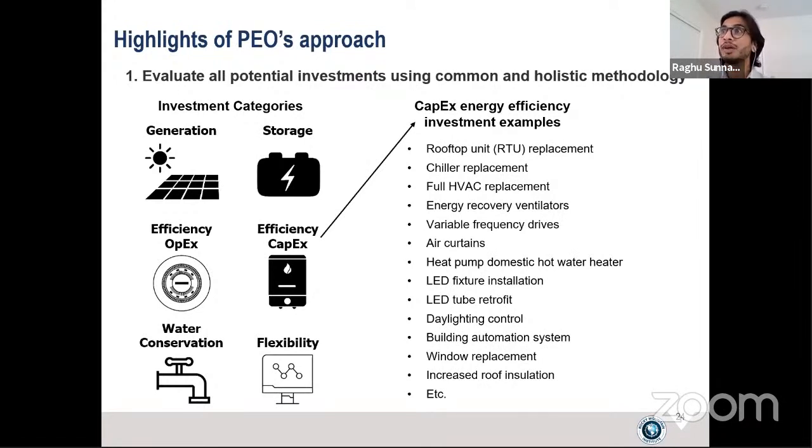And when we say investment strategies, this is one of the examples I have on the slide. There are different categories of investment strategies that we researched: improving the efficiency of the systems, improving the flexibility of how the systems work to work with demand response techniques, and then there's also generation, having solar PV or other renewables integrated.